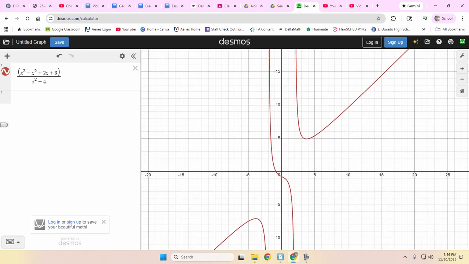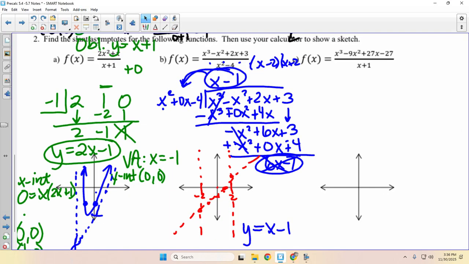We take a look, it's got a little John Travolta in the middle, and then it follows our slant asymptote. So let's go ahead and add that to our graph. We have an asymptote here, little slant asymptote, one up here, and then a little John Travolta in the middle.